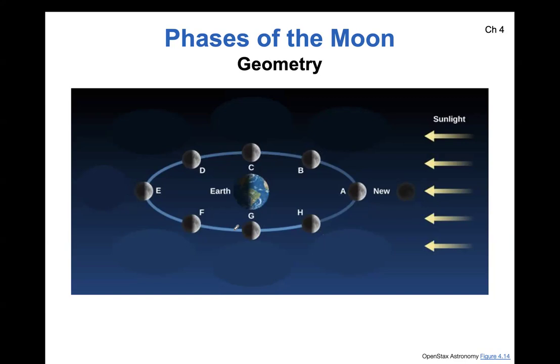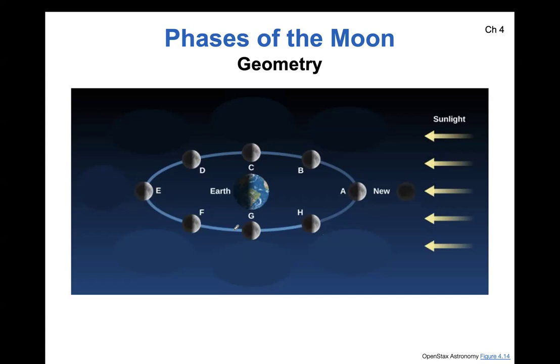The moon moves around Earth, not around the sun. Okay. And the orbit of the moon around Earth is independent of the orbit of the Earth around the sun. So that's the same sort of idea, that we're going to have different orientations of the moon relative to the Earth and the sun.